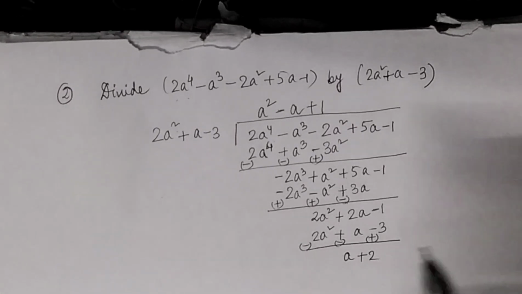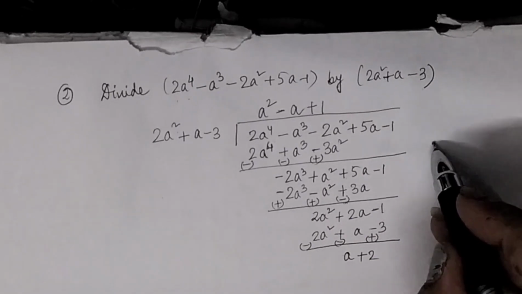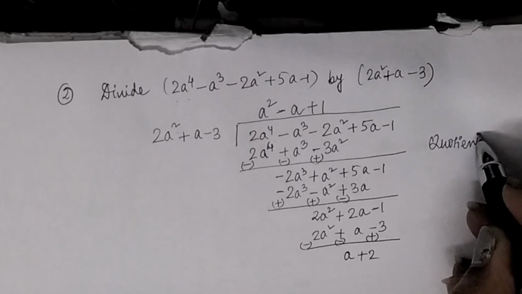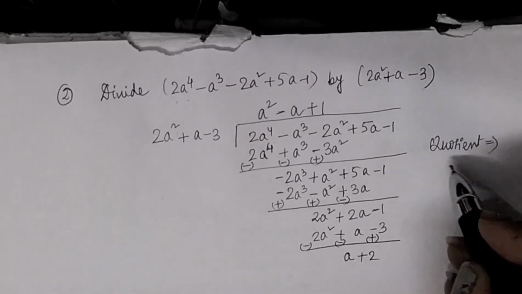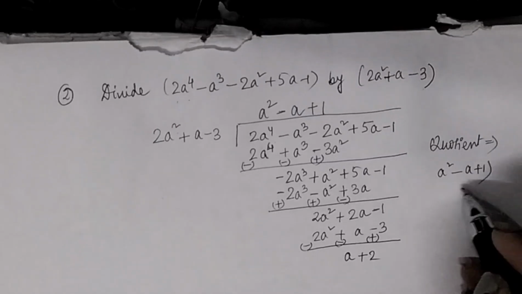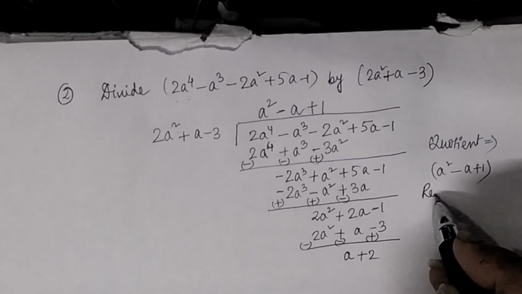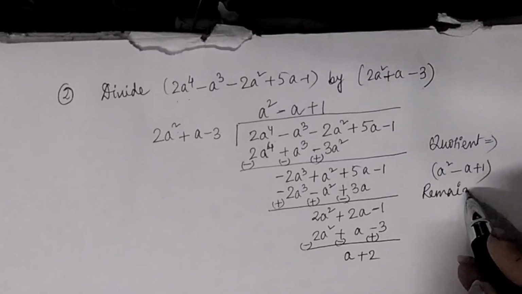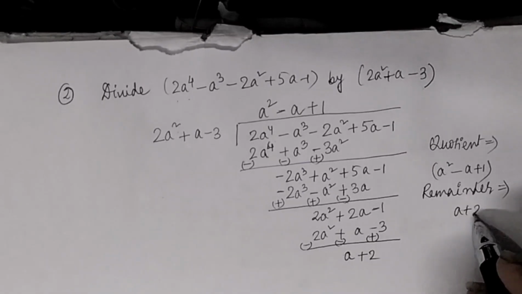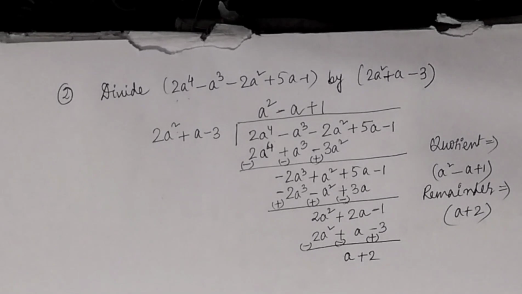So our calculation is completed, and hence we find the quotient a square minus a plus 1 and the remainder a plus 2. And hence the calculation is completed.